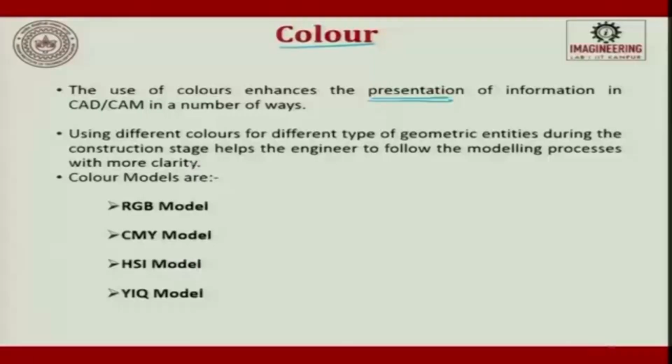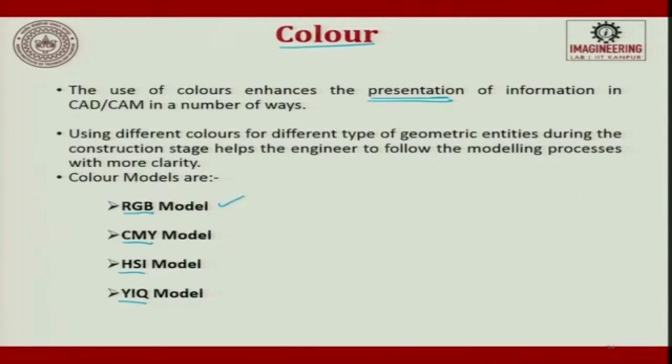So, use different colors for different type of geometric entities during the construction stage helps the engineer to follow modeling process with more clarity. So, the color models are, you have RGB, you have CMY, HSI and YIQ. These are the 4 models.